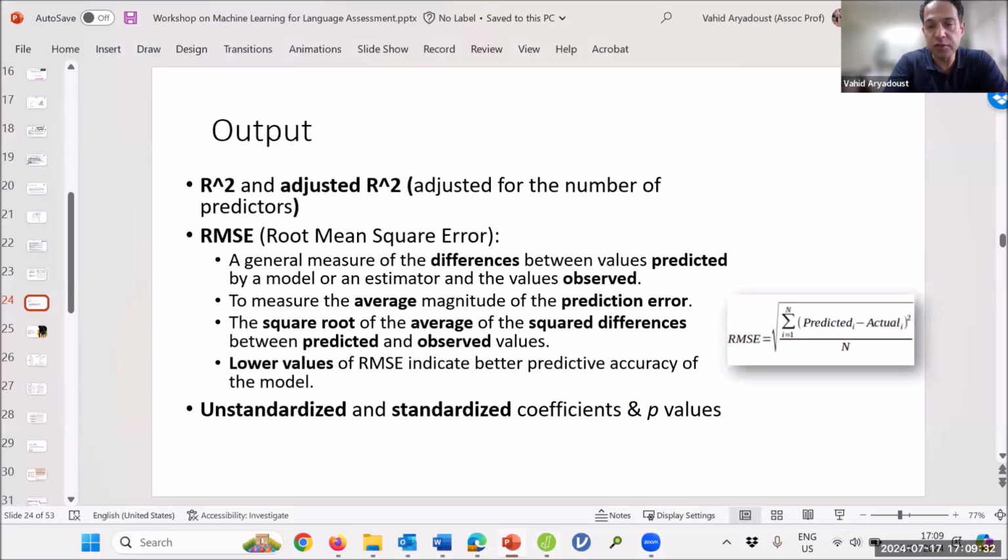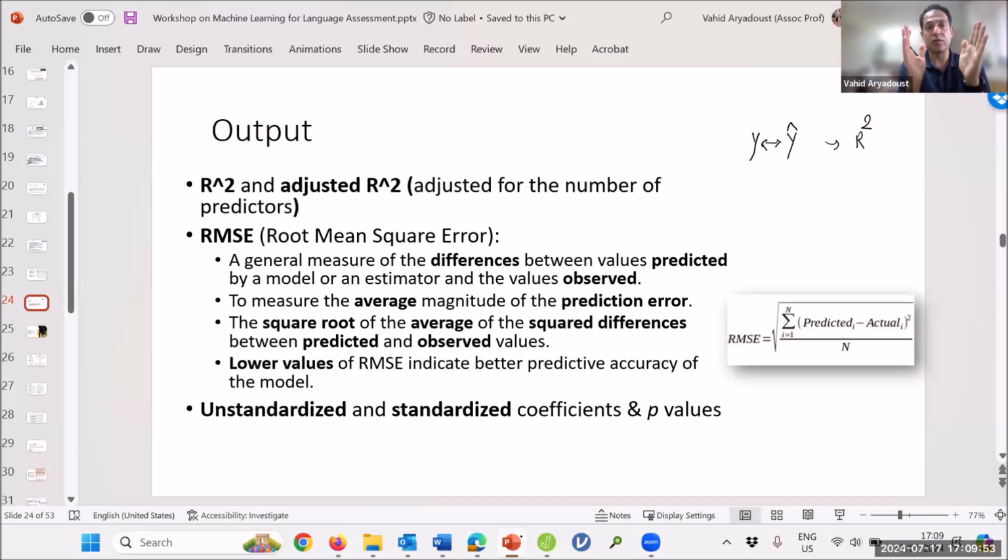It's the correlation between your y and y hat. So if you calculate the correlation between the two and get the square value of it, you'll get the R squared. Why does it matter?